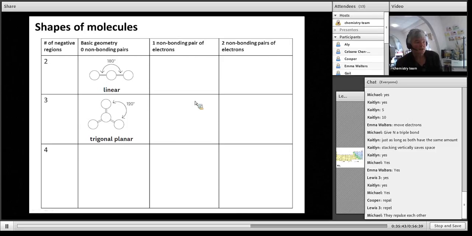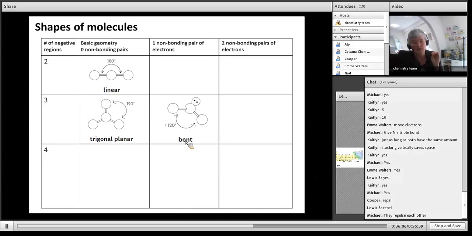And so there it is. I still have a bond angle of 120, but my molecule is now bent. It's like I've taken the molecule and I've bent it. So it's not trigonal planar anymore. So you have to know that if I have 3 areas of negative charge, of which 2 are bonding and 1 is a non-bonding pair of electrons, then it's a bent molecule.